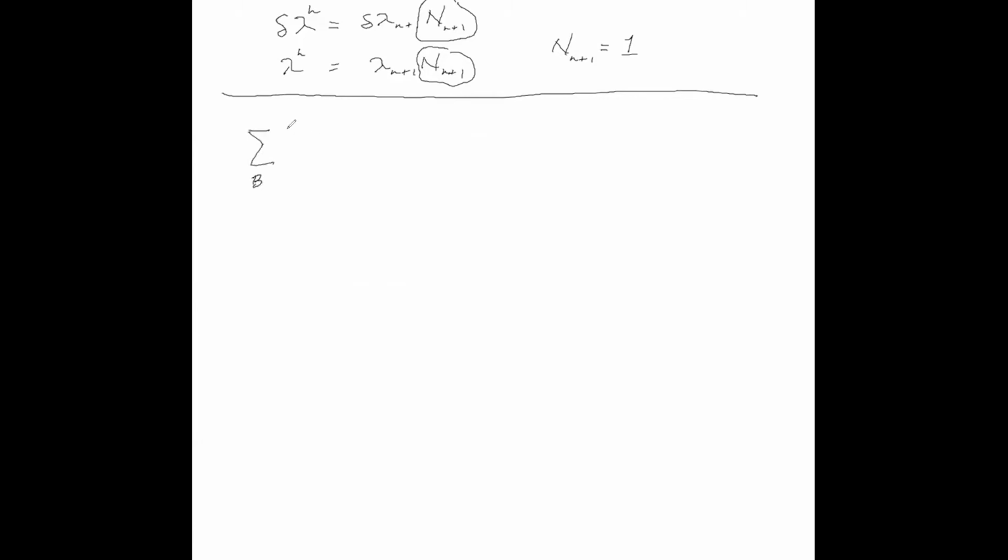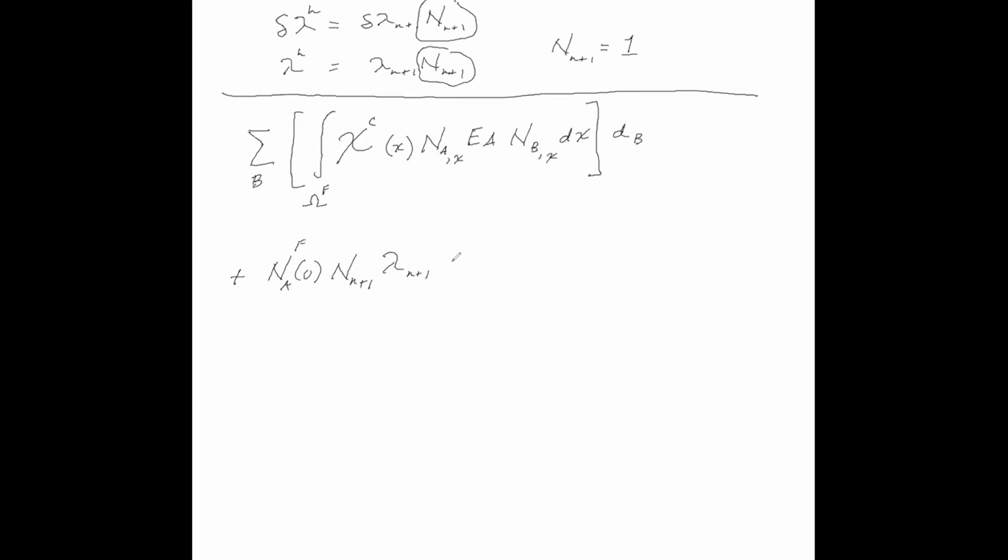Sum on B of the integral over omega of f chi c x a comma x dB, plus n a 0 f and n plus 1 plus 1.